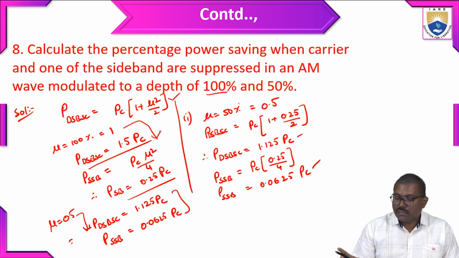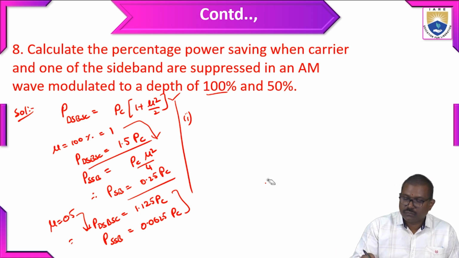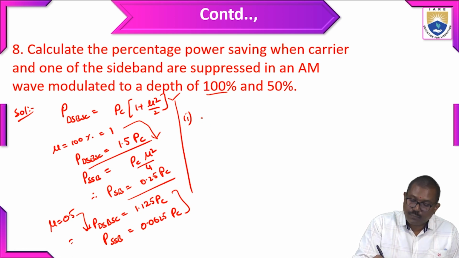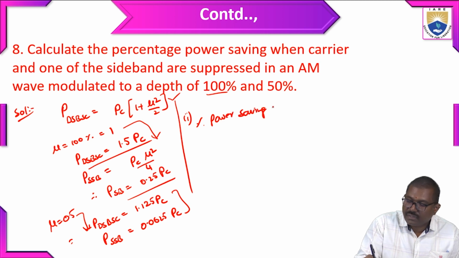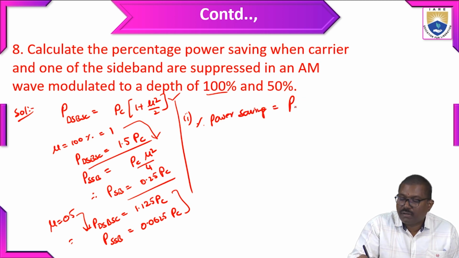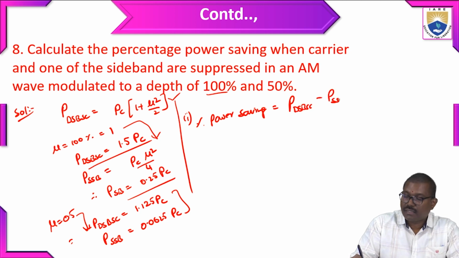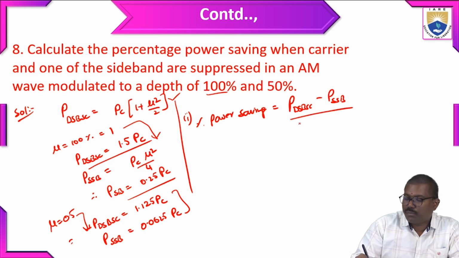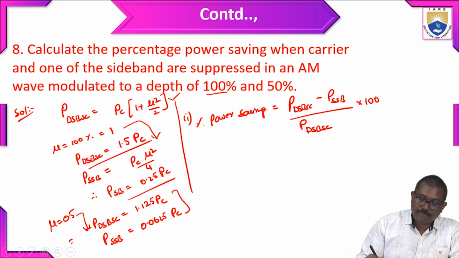Okay. So for this, again percentage of power saving is equal to power of DSB SC minus power of SSB divided by power of DSB SC into 100.